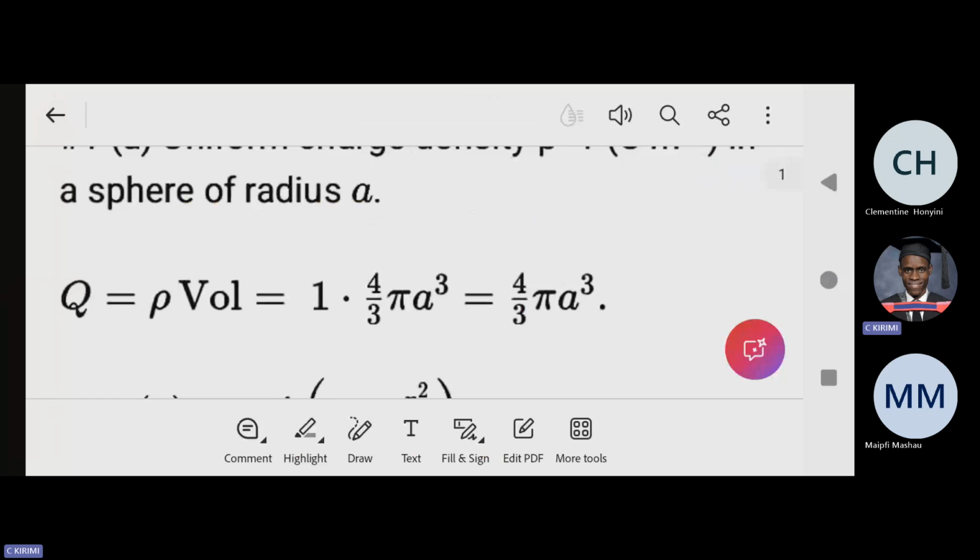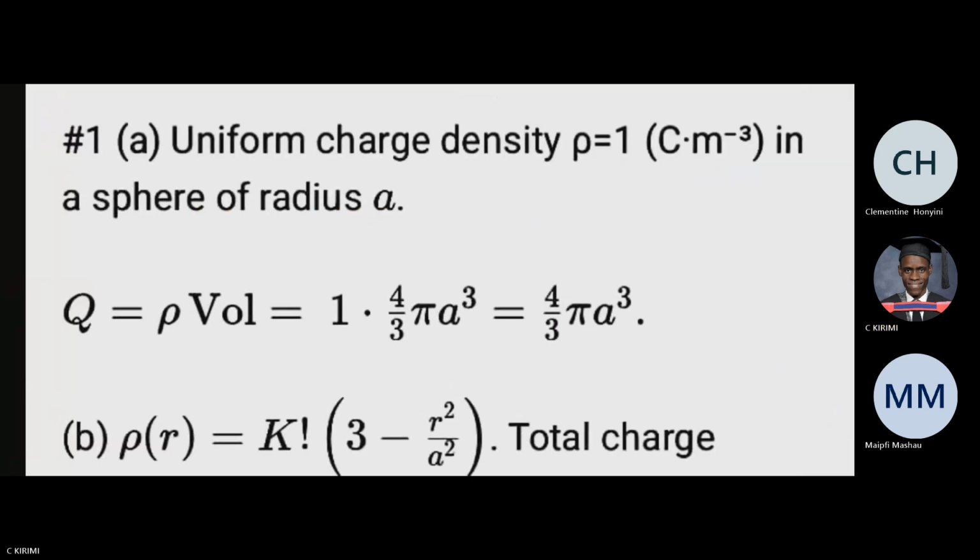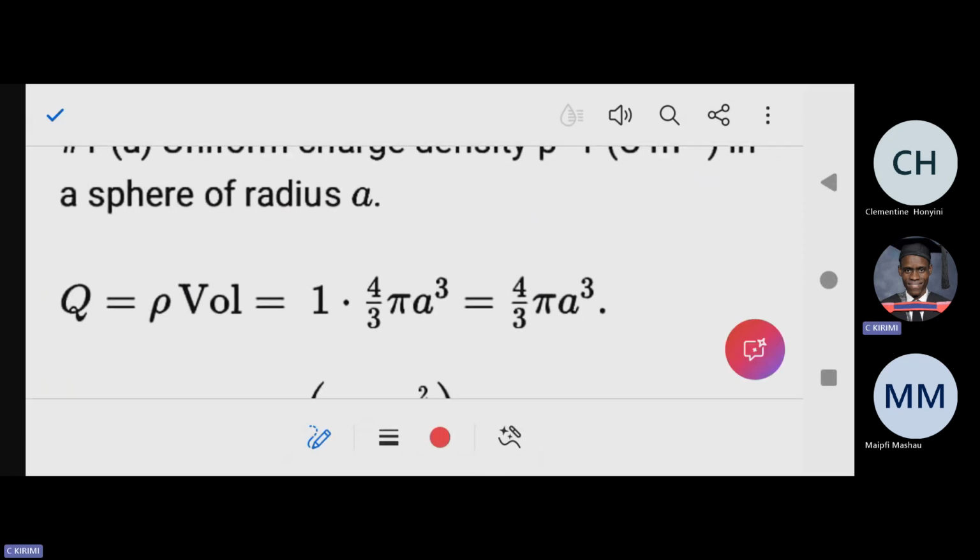And remember, we were told that this surface is a sphere. The volume of a sphere is 4 over 3 pi r cubed.